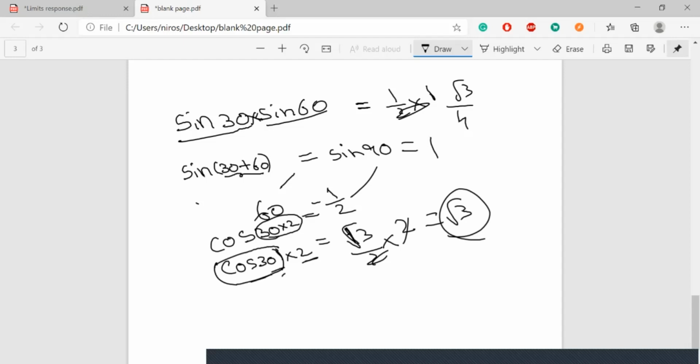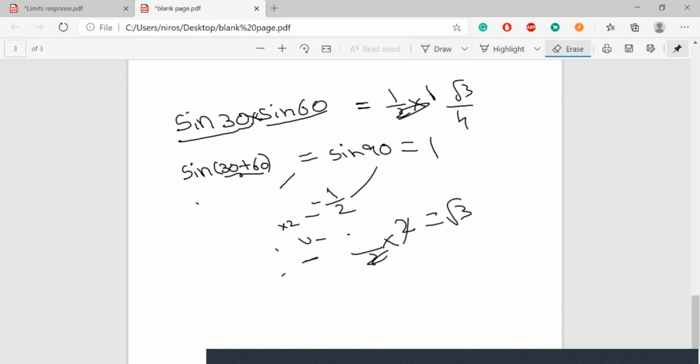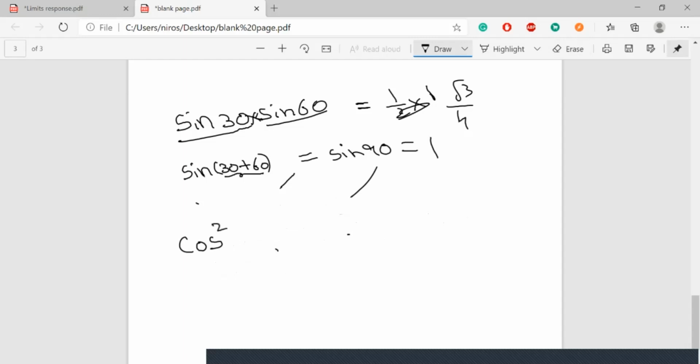The difference between these two, you have to know. Now, cos square 30, and cos 30 whole square.